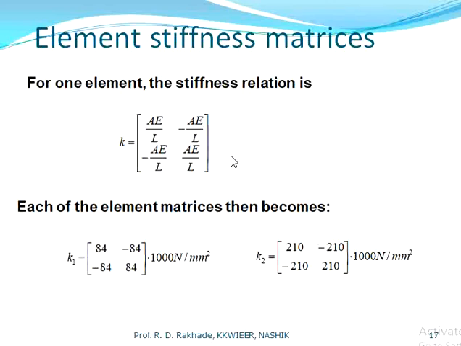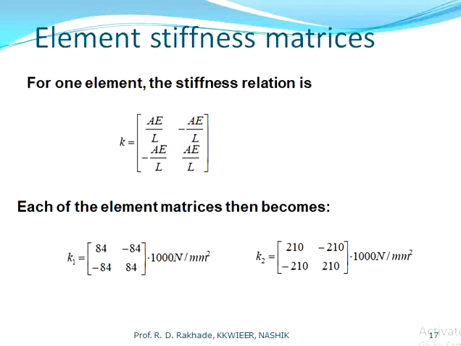In further videos, or our next video, I will explain how to solve this in detail. So just remember, one element, two nodes, node 1, node 2. This is the stiffness matrix for element 1, and this is the stiffness matrix for element 2. So this is the second step.